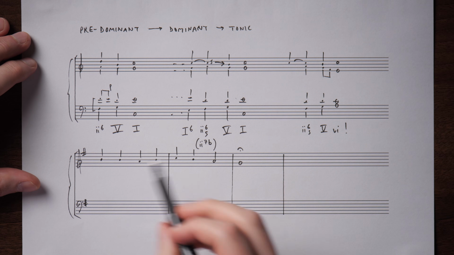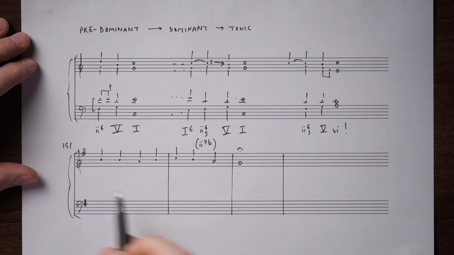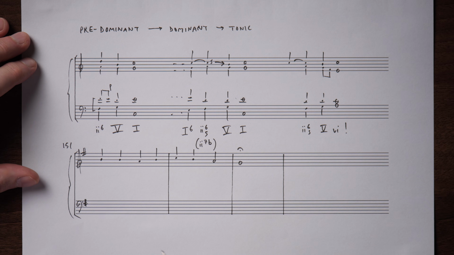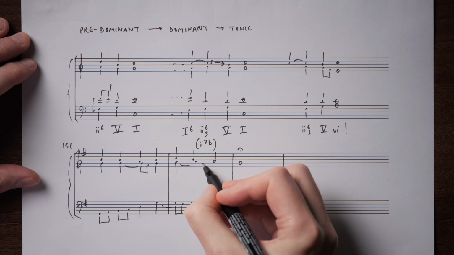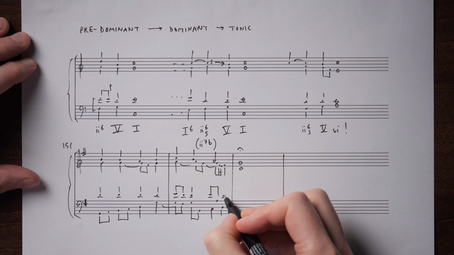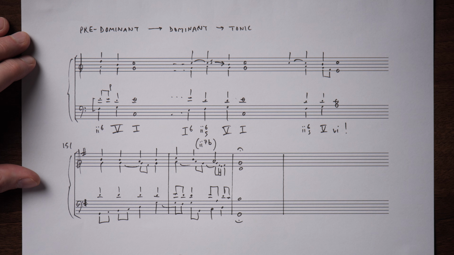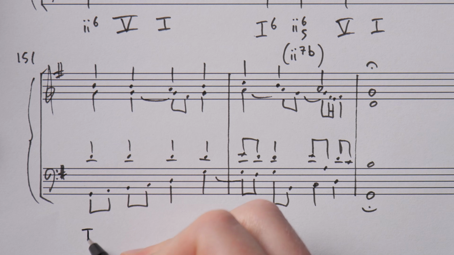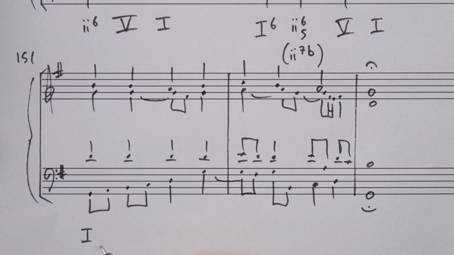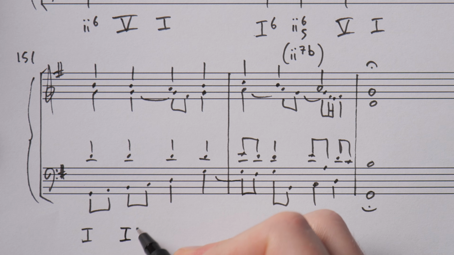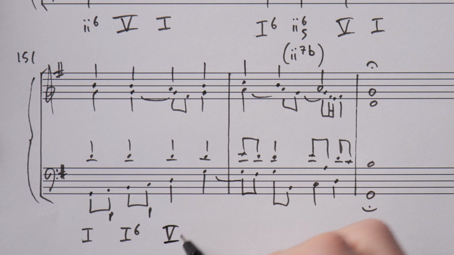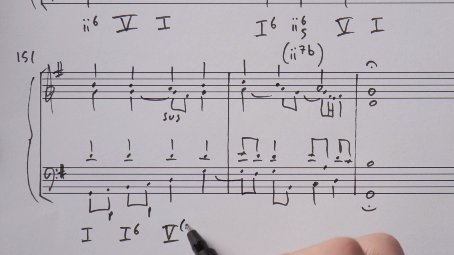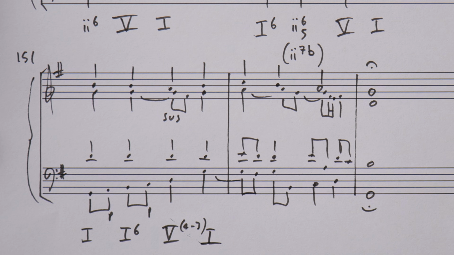For example, here are bars 3 to 5 of Chorale number 151 in Riemenschneider, and the harmony is like this. The chords are 1 G major, 1 first inversion, passing note, chord 5 with a 4-3 suspension, chord 1 again.